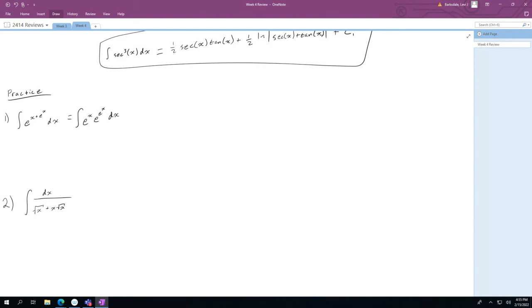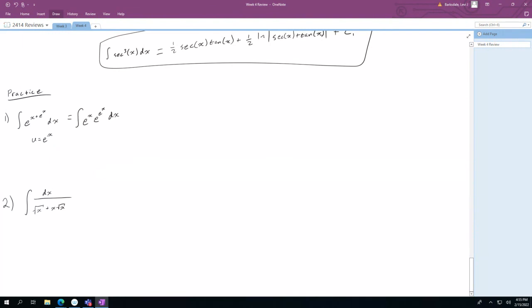Now you can technically have x e. So what are we going to do from here? Integration by parts. We could do it. Well, I would lean more towards u-substitution. What's the substitution we're going to make? e to the x. All right, we'll let u equal e to the x.